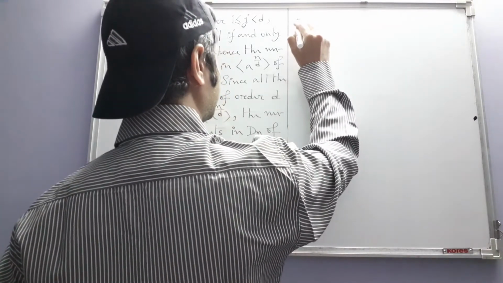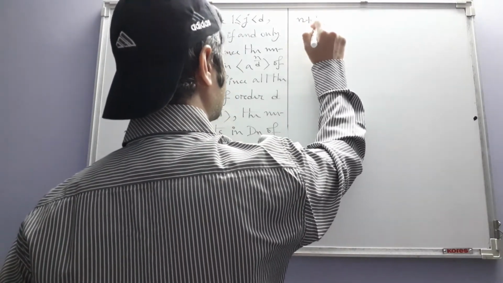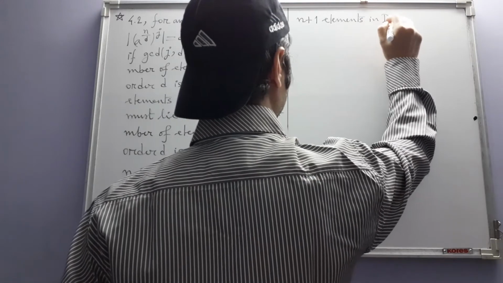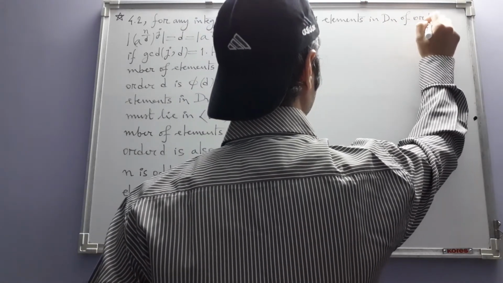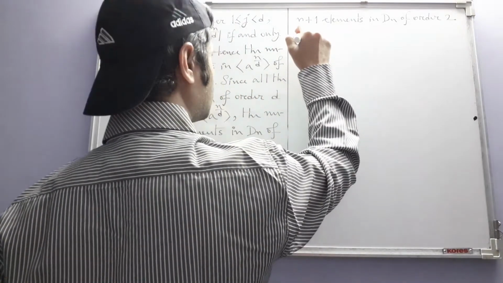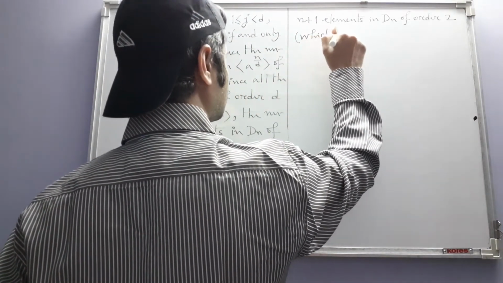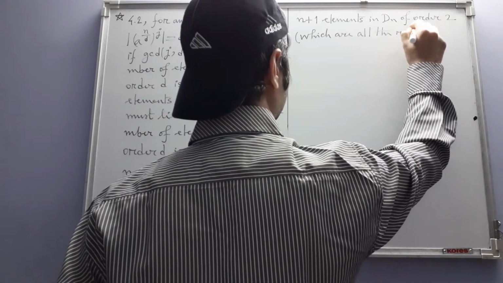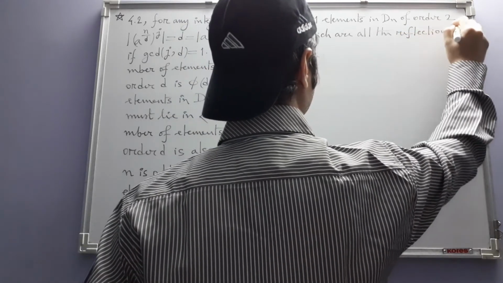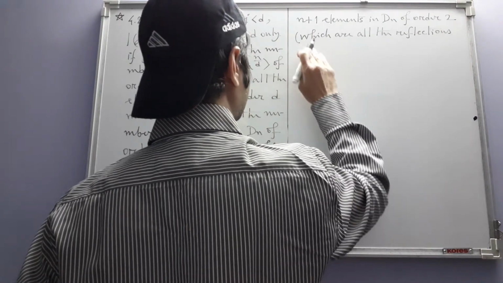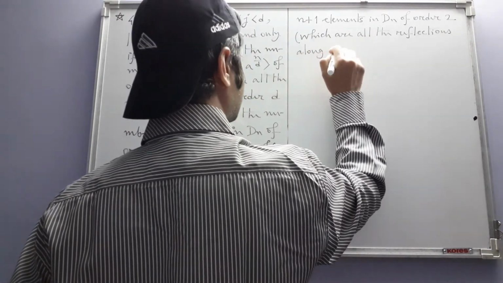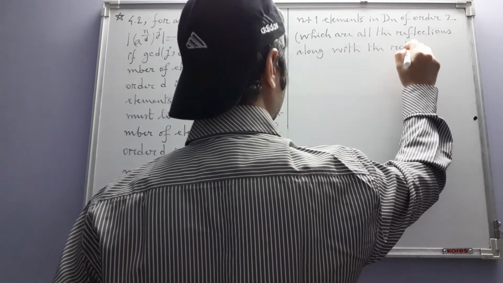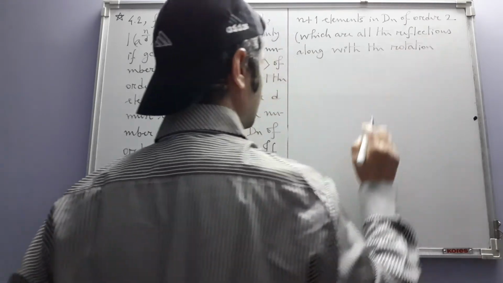Then there are n plus 1 elements in Dn of order 2, which are all the reflections along with the rotation.